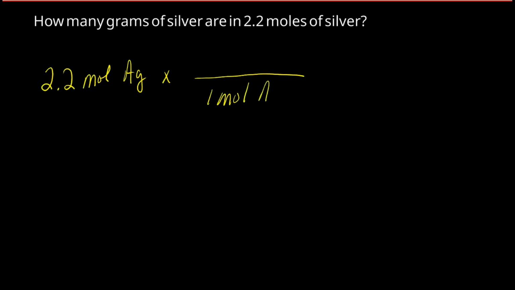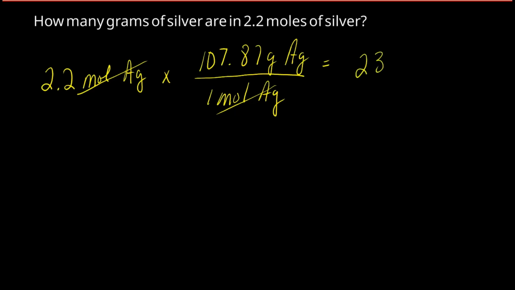So 1 mole of silver is equal to, in grams, looking on the periodic table, I get 107.87 grams of silver. Moles of silver cancels. So I'll say 2.2 times 107.87. I get 237.31 grams of silver.